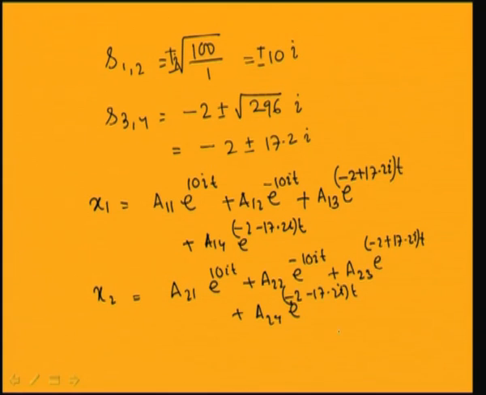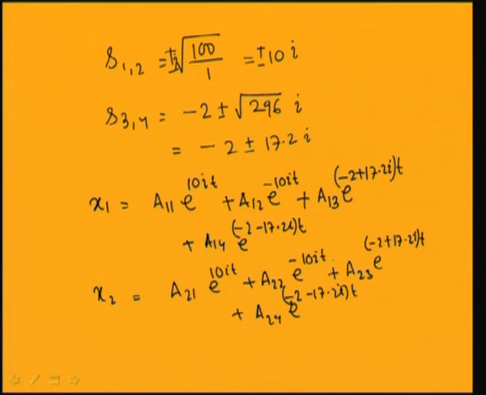Also, a11, a12, a13, a14 and a21, a22, a23, a24 can be obtained from the initial conditions. You have 4 initial conditions, the displacement and velocity of mass 1 and 2, but you have 8 unknowns. Out of these 8 unknowns you have 4 equations, and also you know that a1i and a2i are related.